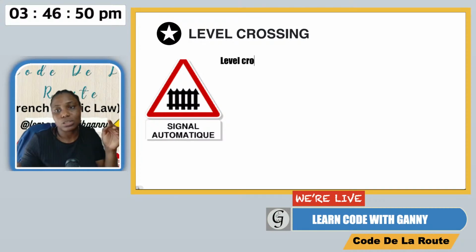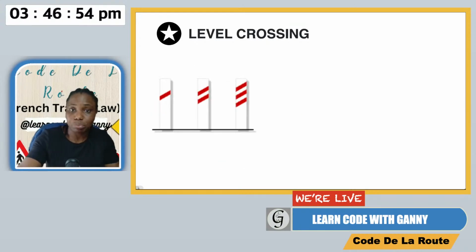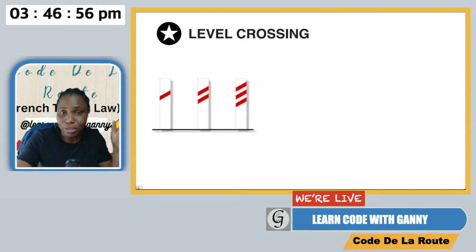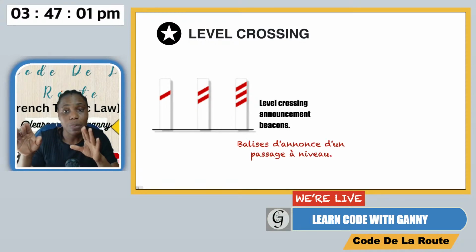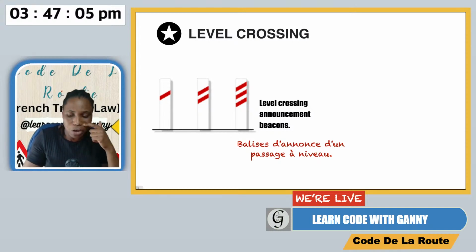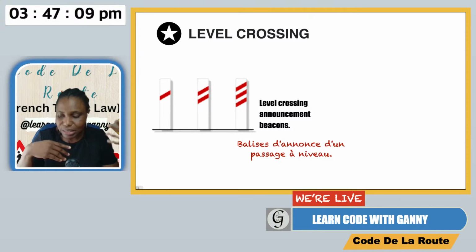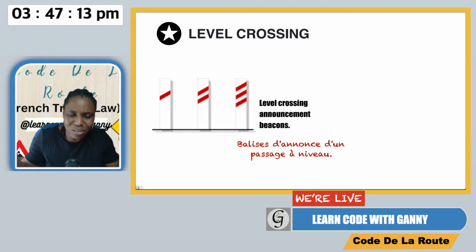The next one is the level crossing announcement beacon. If you are familiar with driving, not really within the city but going to a village, that is where they normally put this type of beacon.